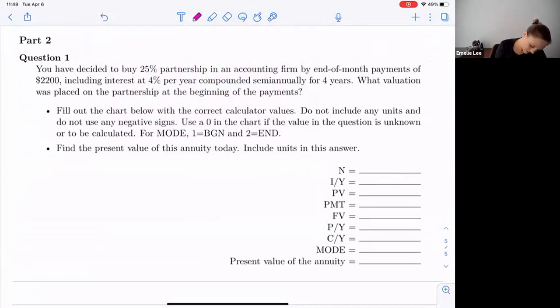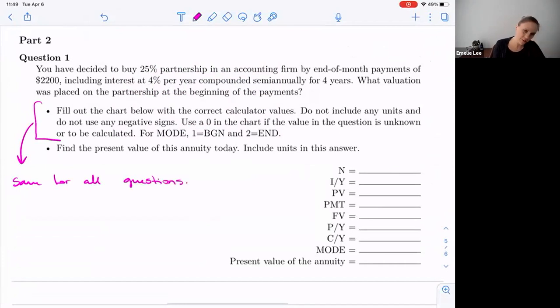These are the same for all questions, so don't worry about reading those. Read them once and absorb that information. Fill out the chart below with the correct calculator values.